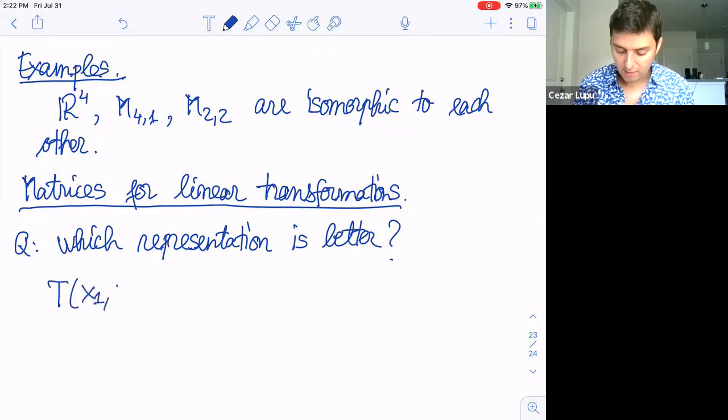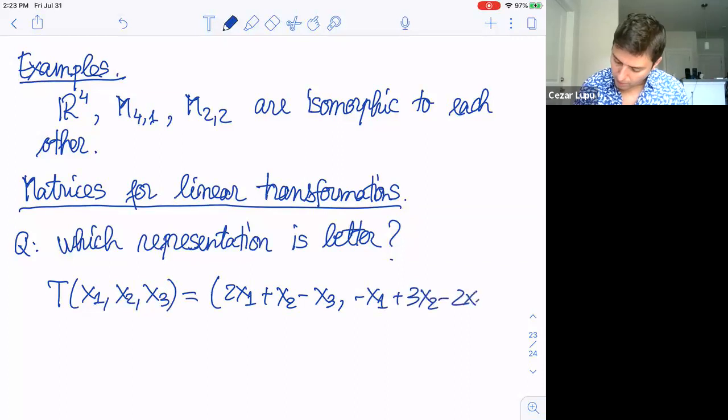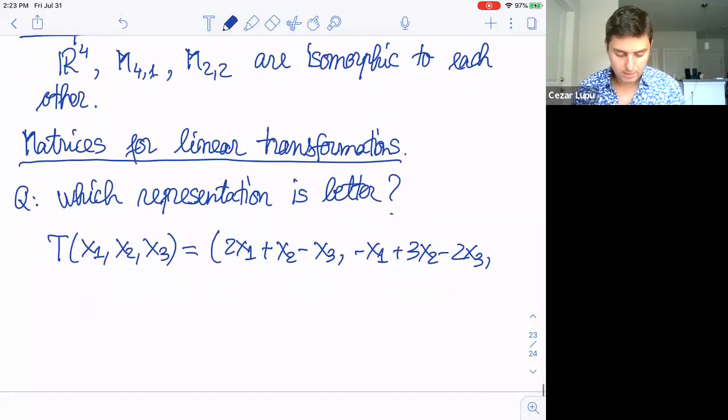Let me just say I have one from R3 to R3, which is given by T(x1, x2, x3). So I take a vector in R3, and this will be sent to another vector in R3, let's say 2x1 plus x2 minus x3. The first component, negative x1 plus 3x2 minus 2x3. And then the last component, 3x2 plus 4x3, let's say.